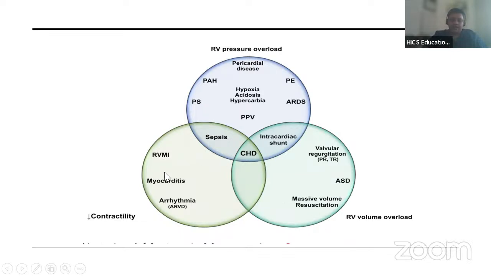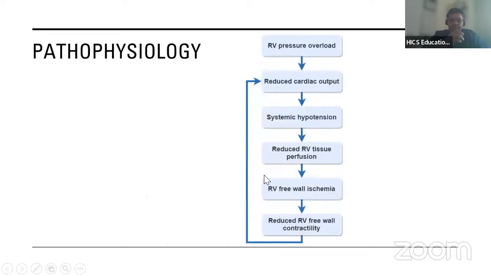Whereas RVMI and myocarditis, whether toxic, infective, or any other, can decrease the contractility. So can arrhythmogenic right ventricular dysplasia. They can all cause decreased contractility. But sepsis, intracardiac shunts, and congenital heart disease have an overlap. They can produce RV overload by an overlap of one or more of these three mechanisms.